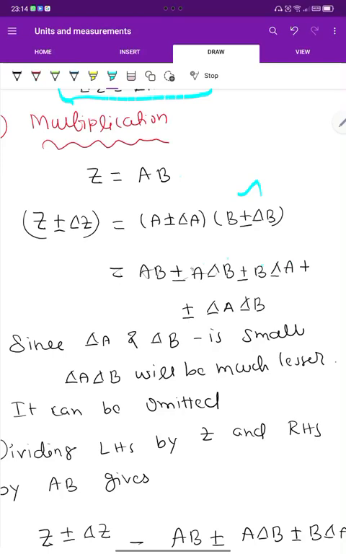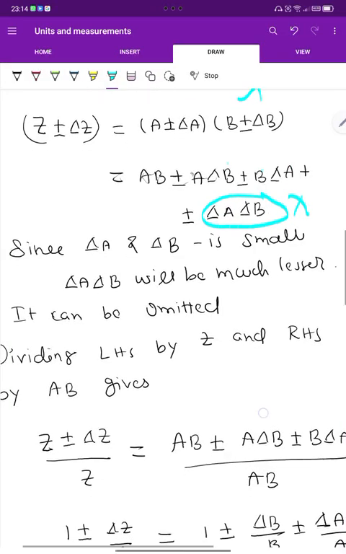Generally they will be smaller in size compared to the original quantities A and B. So when we multiply two small quantities, we get a much smaller value than delta A and delta B itself. So we can omit the last term and retain only the first three terms.